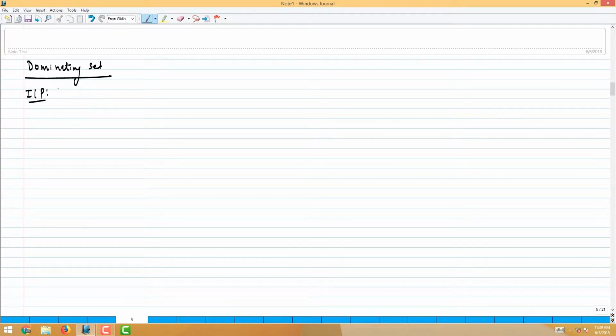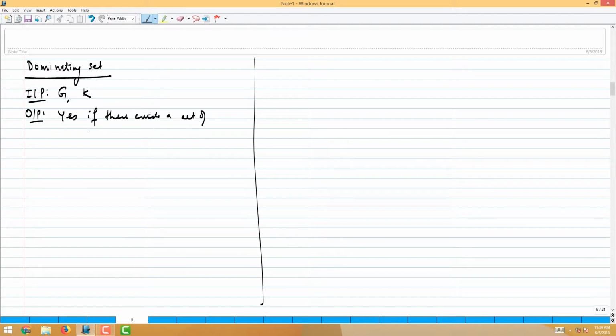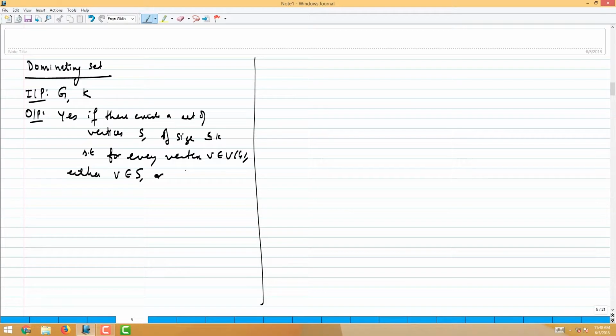In the dominating set problem, it takes as input a graph G and an integer K, and it outputs yes if there exists a set of vertices, say S, of size at most K, such that for every vertex in the graph, either this vertex belongs to S or some neighbor of it belongs to S. And it outputs no if there is no such set.